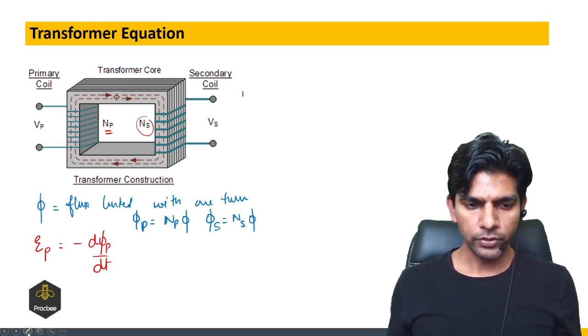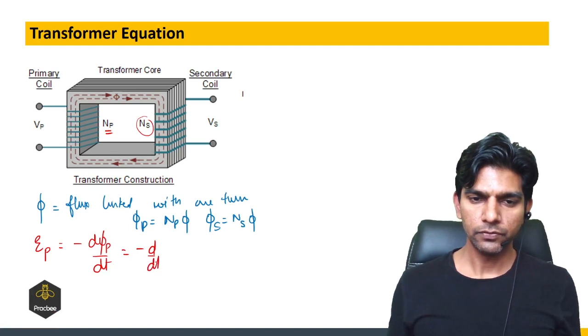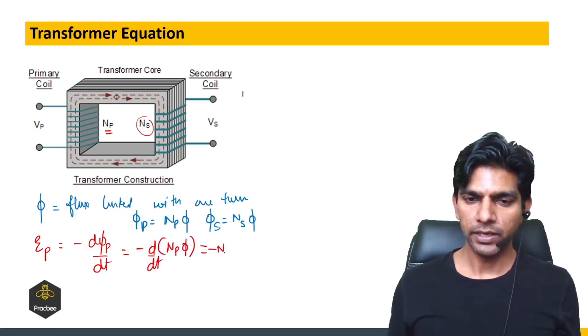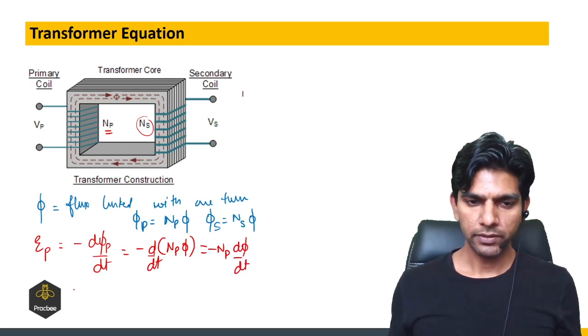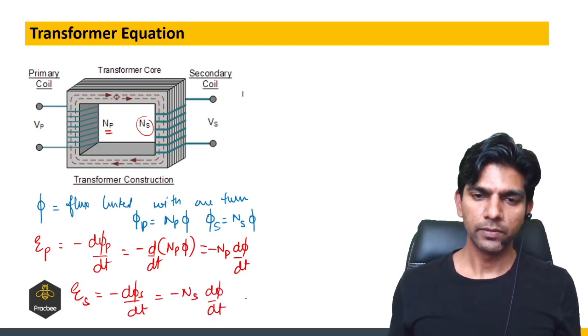So the EMF produced in the primary will be minus d by dt of NP times phi, and this will be minus NP times d phi by dt. Similarly, the EMF produced in the secondary winding will be minus d phi s by dt, and this can be written as minus NS d phi by dt.